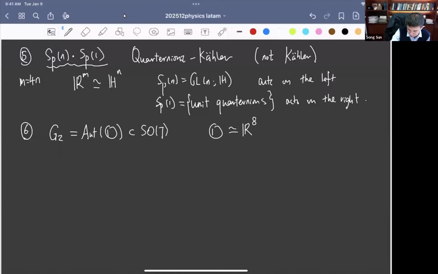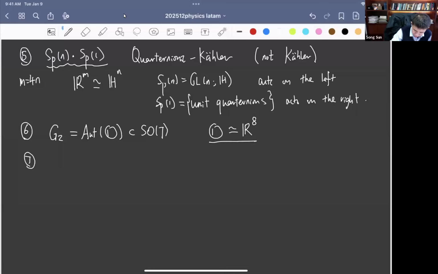But as a number system, a ring, you can consider the automorphism group of O. Then it's a subgroup of SO(7). That's the G2 group. There are other ways to define it, but this is the easiest to say.